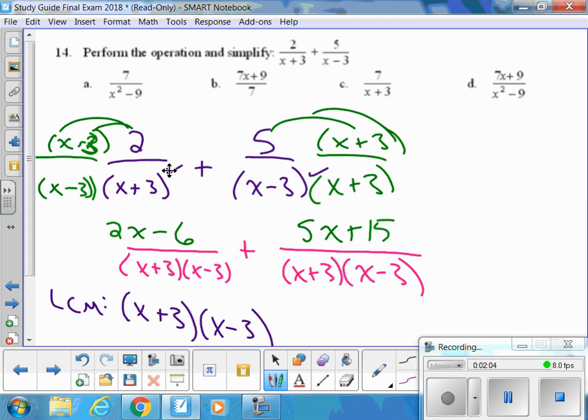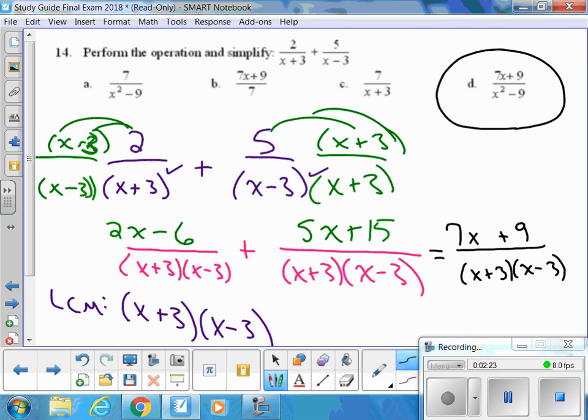At that point, you're ready to add your numerators together. 5x and 2x combine for 7x, and 15 and negative 6 combine for 9. And then we have x plus 3 times x minus 3, that they actually did FOIL out in their final solution. The final solution ended up being b, and they've got that denominator FOILed out.